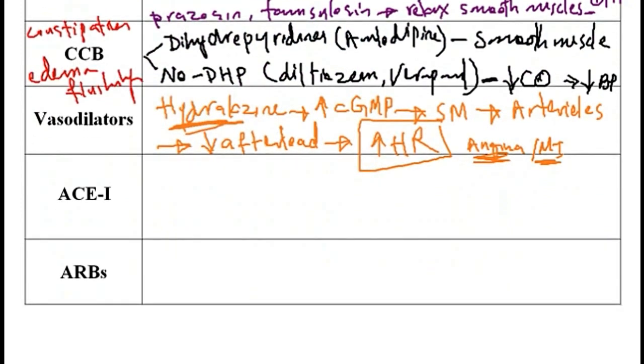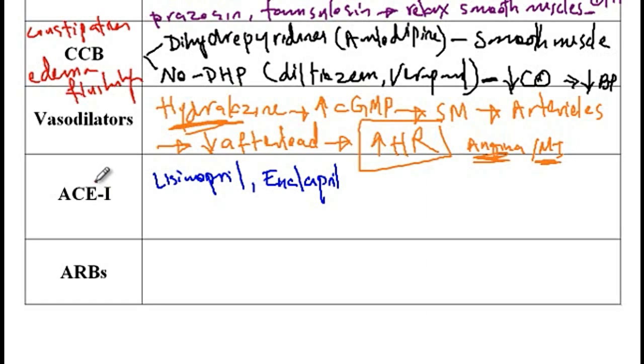ACE inhibitors and angiotensin receptor blockers are the final two antihypertensive medications we have here. Examples of angiotensin converting enzyme inhibitors include lisinopril or enalapril. What these medications do is that they block the aldosterone formation, and thus they reduce the peripheral resistance.